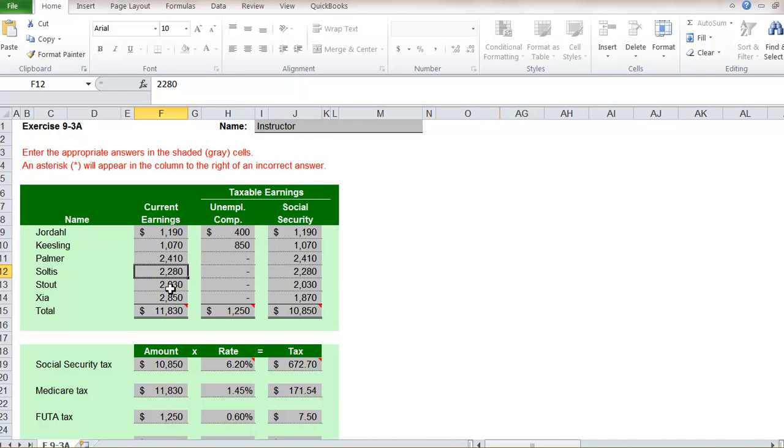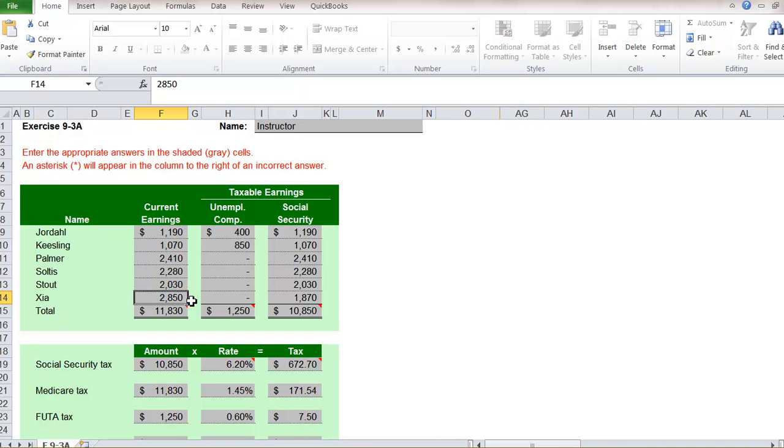Same with these next two. They're well above the $7,000 in total earnings, but well below the $110,100. So all of their paychecks are subject to Social Security. Then we take a look at our last one. So our last employee here has made $108,230. So this $2,850, if we were to add those together, that would put her over the $110,100.